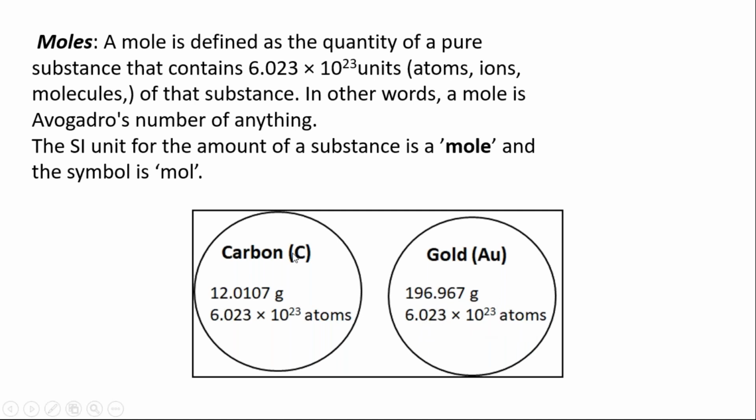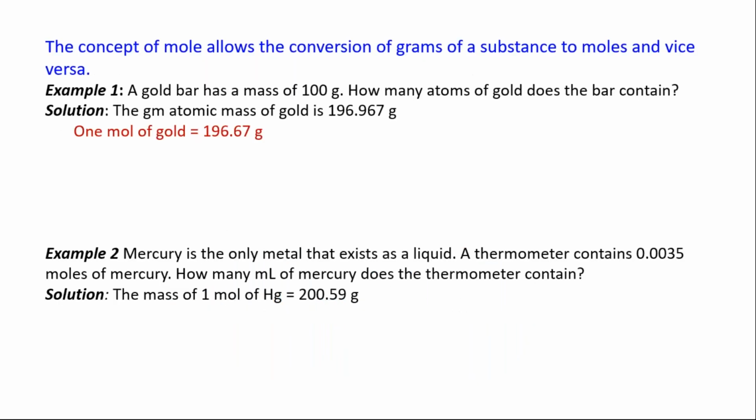So 1 mole of carbon contains the same number of atoms as 1 mole of gold. So that is the relationship between mole and atom. The concept of mole allows the conversion of grams to moles and moles to grams.